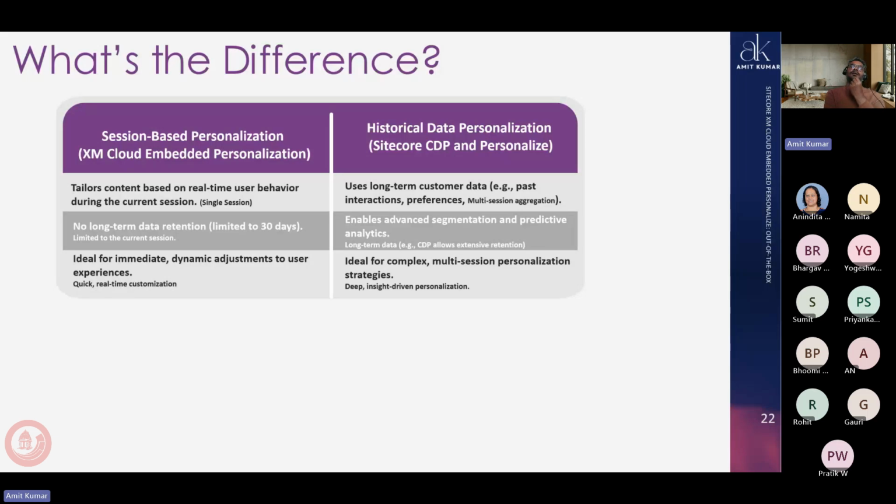Historical is where I need to implement personalization in terms of historical data. Let's take an example: you are working for a client or your organization works offline as well as online. In terms of offline, suppose your client has a departmental store or a shopping mall, where customers come and have a membership card. They buy something related to, for example, summer activities. Once they scan their membership card, that data goes to your CRM system.